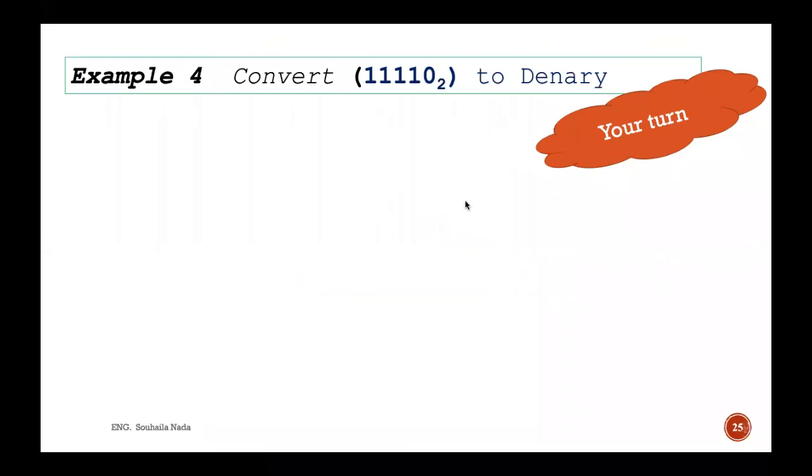Here, 1110. You don't want to calculate? Tell me yes or no. I'll choose one. Abdullah, can you solve it? Let us make a competition between the boy and the girl.